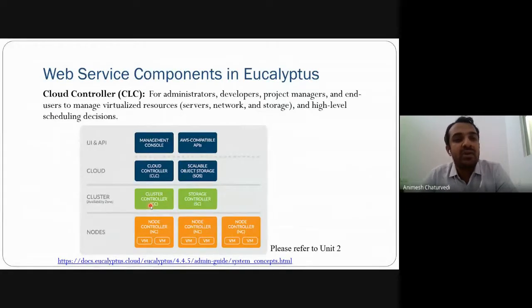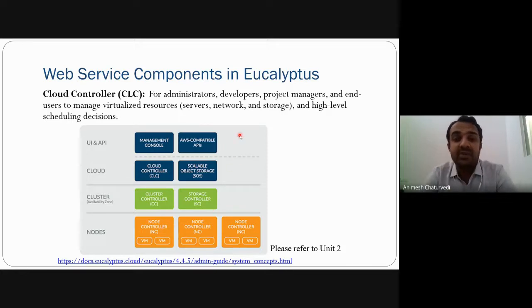Then cloud controllers are there. So what do cloud controllers do? A cloud controller does administration, development, and project management for the end-to-end customer. The cloud controller manages the virtualized resources. What are the virtualized resources it uses?